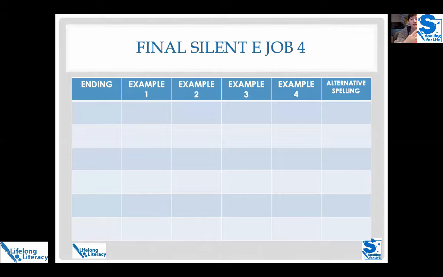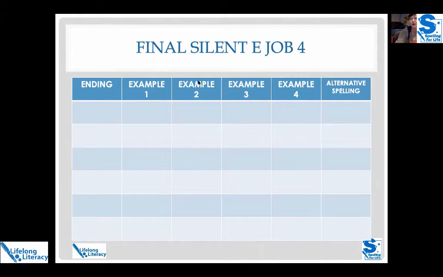And as Sophie mentioned, sometimes words need a final silent E because they don't look right if they don't have a vowel in their final syllable. And she's quite right. Final silent E, job 4, does that. But there's so much more with final silent E, job 4. We're getting into some really big linguistics with this. So I want you to be prepared.